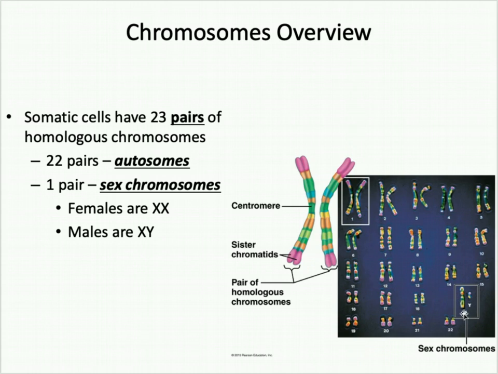Of the 23 pairs, 1 pair are sex chromosomes. I've talked about how females are XX, but in this picture, we see that it's a male because it's XY. So we have 23 pairs of homologous chromosomes, but 46 chromosomes total.